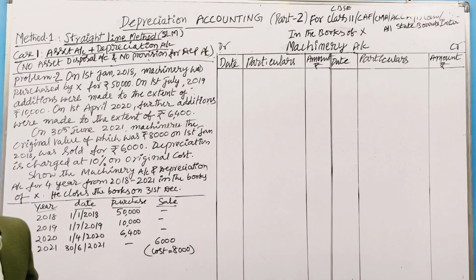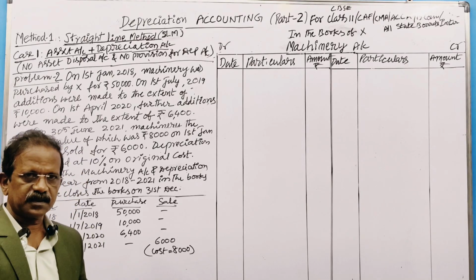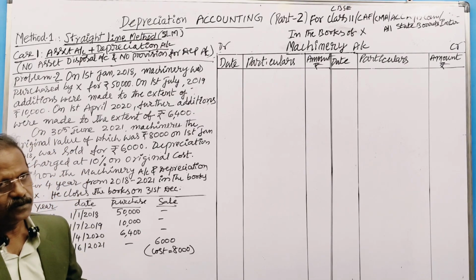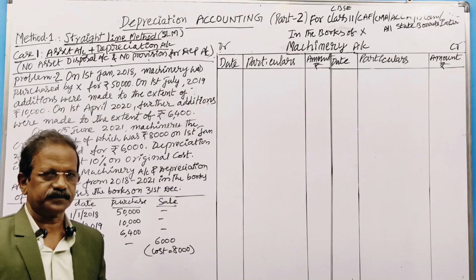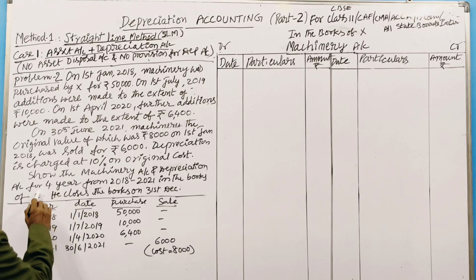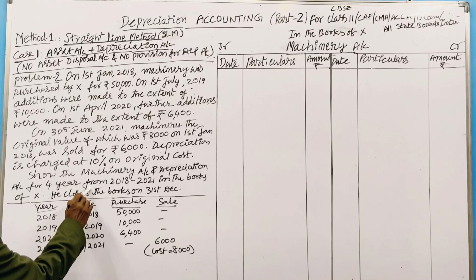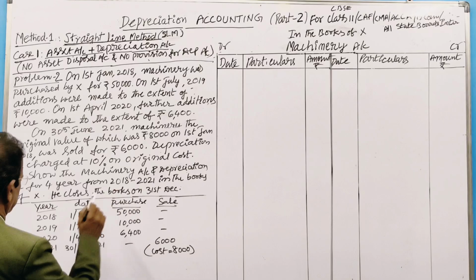It means the accounting year starts from January 1st to 31st December, ends on 31st December each year. So we write the first year as 2018, second year as 2019, third year as 2020, fourth year as 2021. Why 4 years? Because he asked for 4 years in the question, 2018 to 2021.